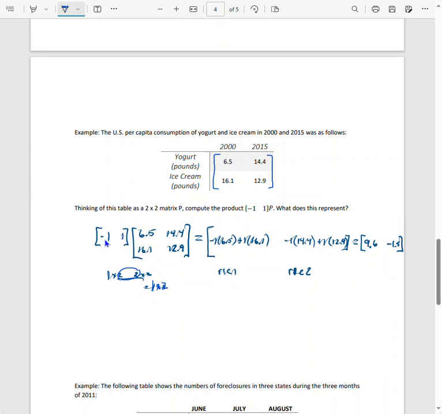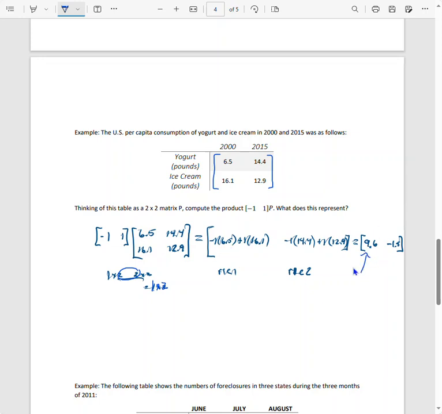So what are we doing? We're taking negative 1 times 6.5 and 1 times 16.1. That's row 1 times column 1. Lands us right here in row 1, column 1. But this is the pounds of ice cream minus the pounds of yogurt.